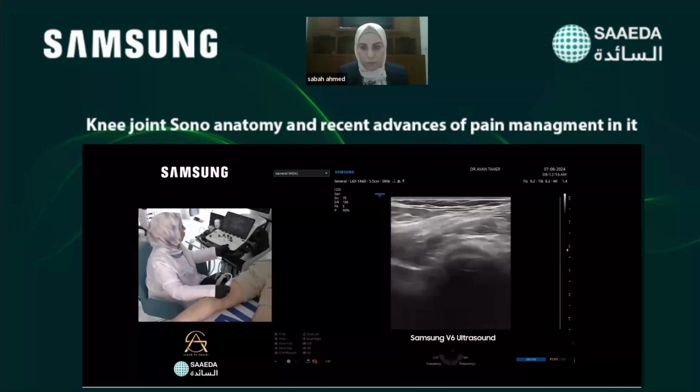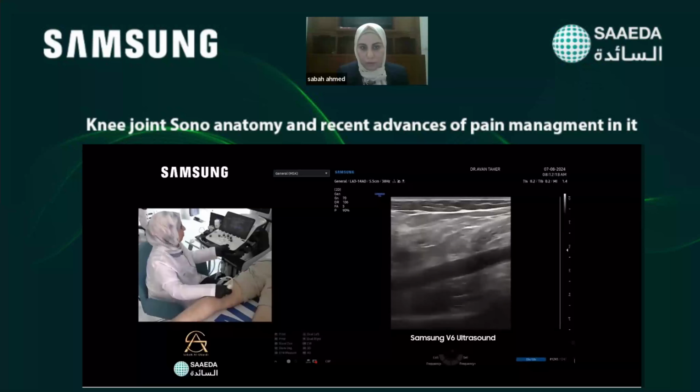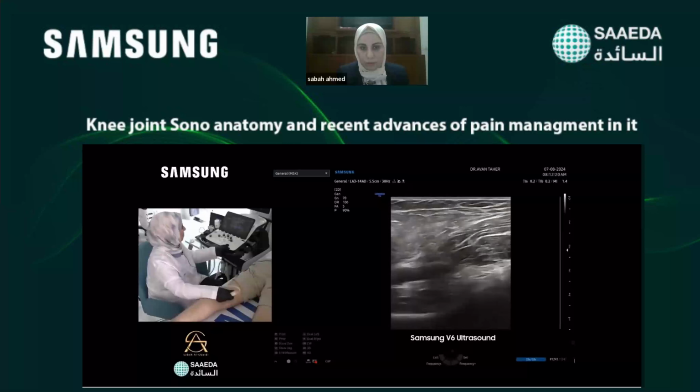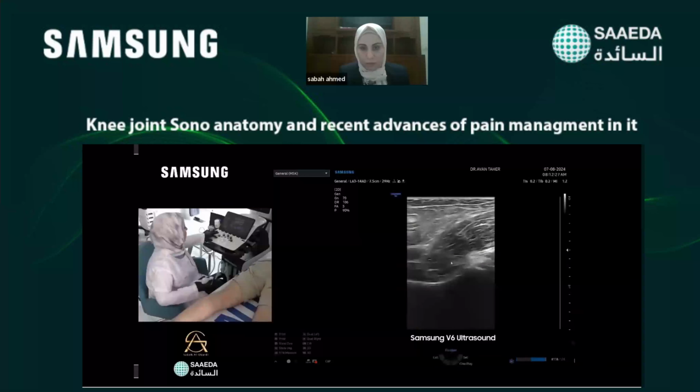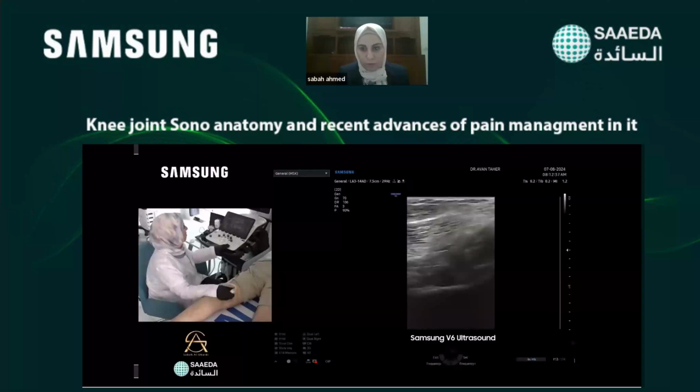If you go more medial from this position, just decreasing the depth, you can see the posterior cruciate ligament, which lies between the anterior and the posterior meniscofemoral ligament.